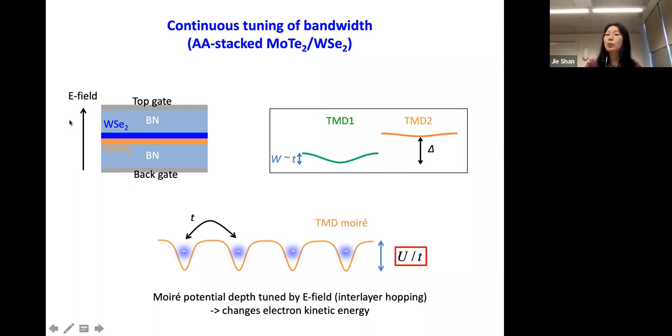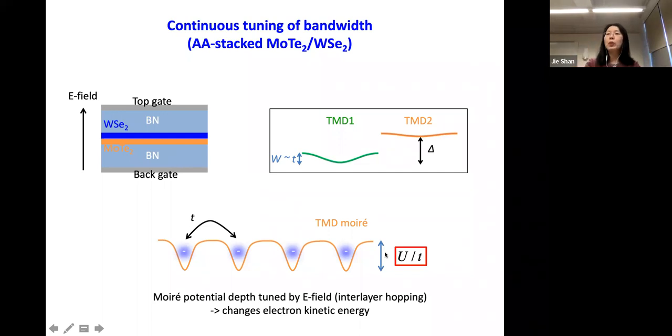What this out-of-plane electrical field does is change the relative potential difference between those two layers. Basically, you are changing the band alignment. When you do that, you change the hopping between the two layers, and that's one of the important factors that determine the potential depth here.